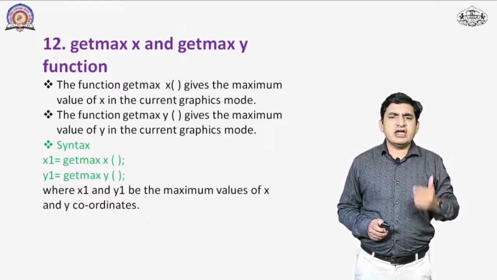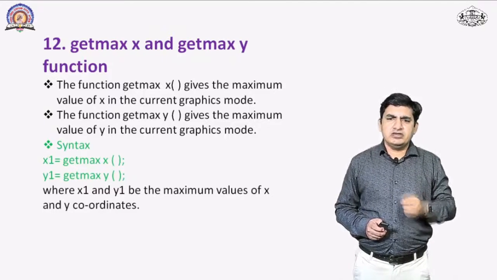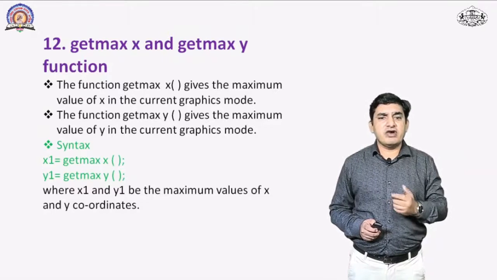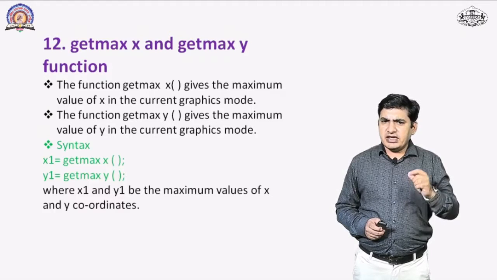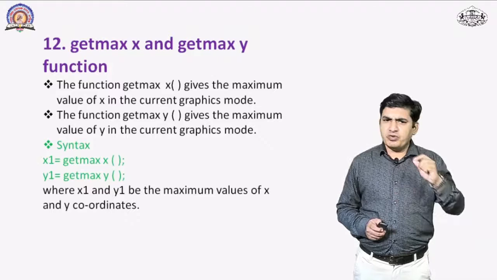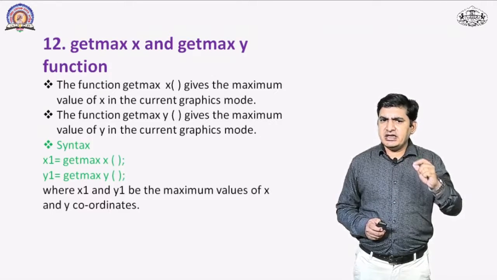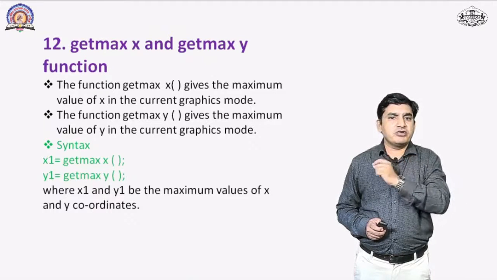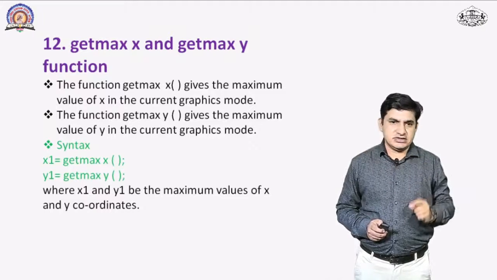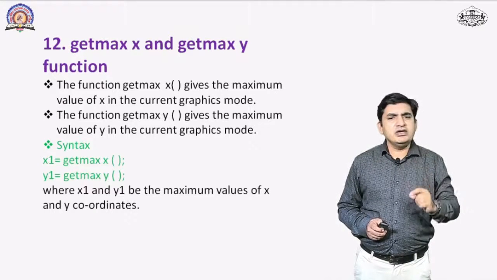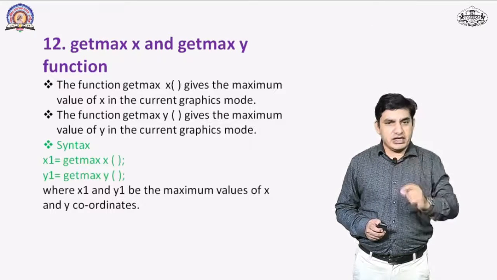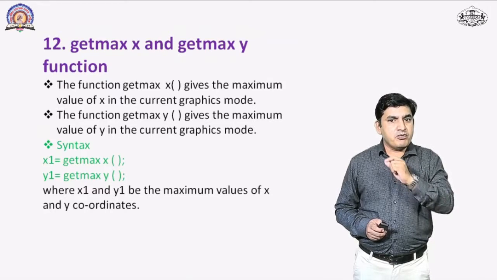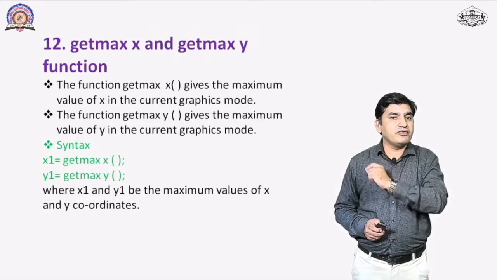That is, x1 and y1 are the maximum values of the x and y coordinates. Here getmaxx gives the position of a pixel at the bottom corner along the x axis, and y1 gives the maximum value of y along the bottom corner of the screen.